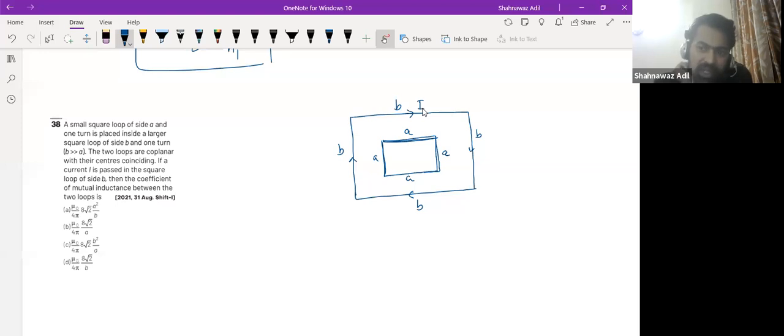So we have to find out the mutual inductance of this secondary coil.